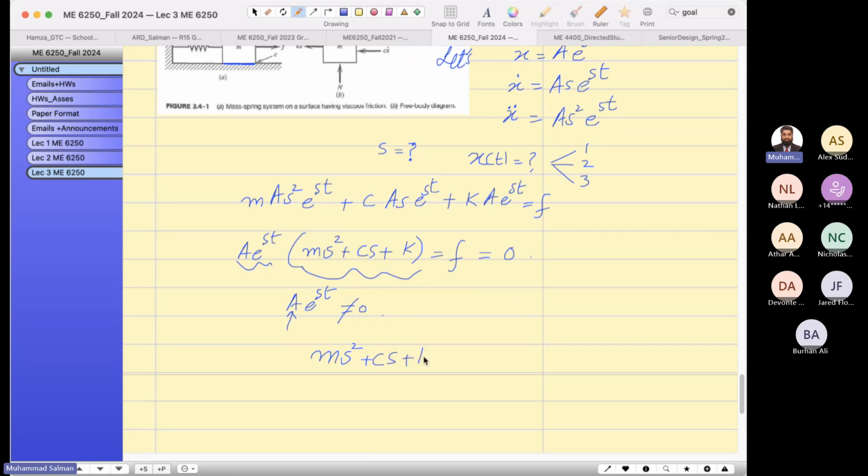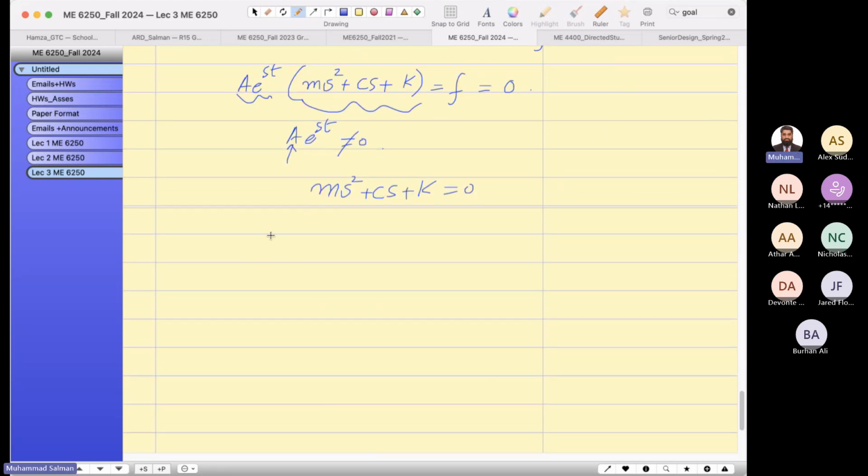So if we set this equal to zero and use this formula, you remember the quadratic formula: x equals minus b plus minus square root of b square minus 4ac over 2a.